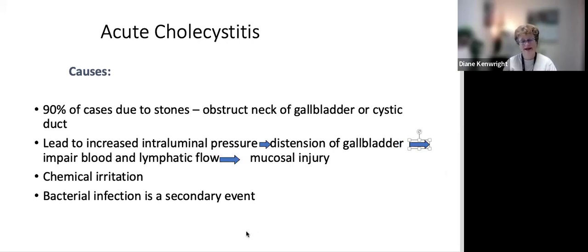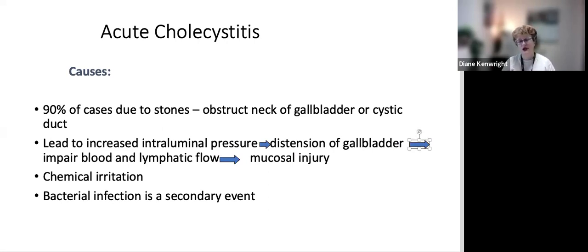So acute cholecystitis, 90% of cases are due to stones, which obstruct the neck of the gallbladder or cystic duct, leading to an increase in intraluminal pressure, just like the appendix becomes obstructed by fecaliths. The gallbladder distends, right? The distended gallbladder impairs blood flow, particularly venous outflow and lymphatic flow, which leads to ischemia.